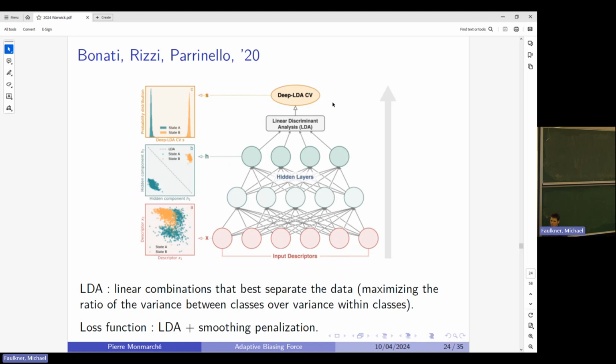So if you just do that, of course, it doesn't work, because it's very easy to separate. I mean, if you just want to separate, you put the groups very far apart, and you put all the observations very close to each other within the group. So you put a Dirac function here, essentially. And this is the best way to have a good separation with LDA.